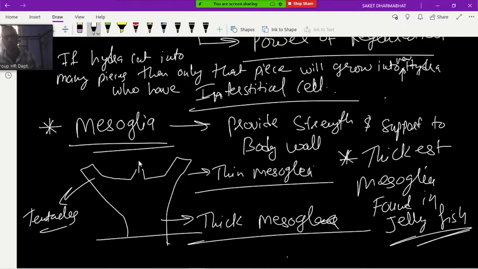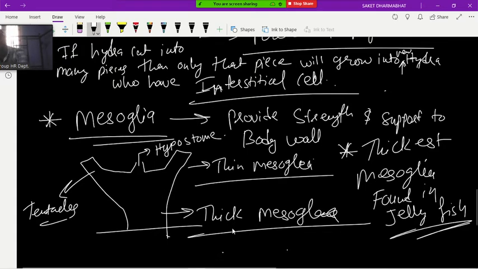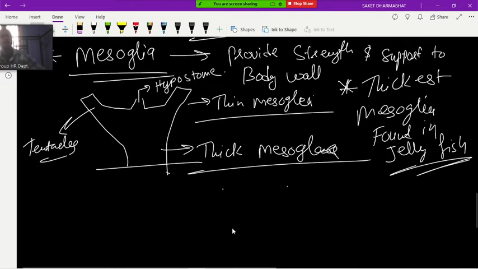What is the name of that opening? Oral end? No, hypostome. Hypostome. Write down. Only a single opening is present. The mouth is called hypostome. Okay.